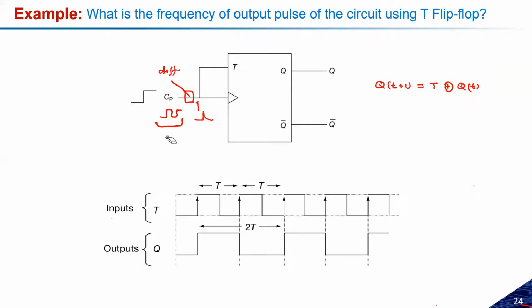You will get to know that the output frequency is always half of the input. That is why we can also say that flip-flops are frequency divided by two circuits. This is really very important. So the answer of this problem is that the frequency is getting halved.